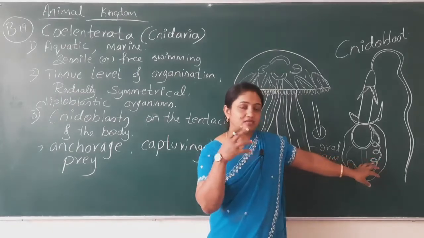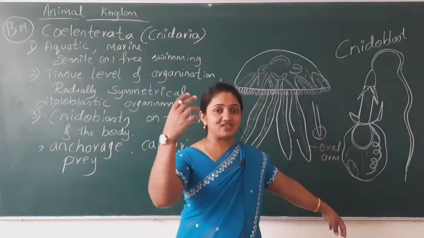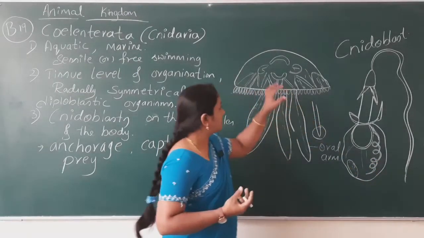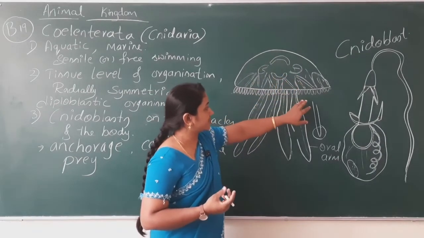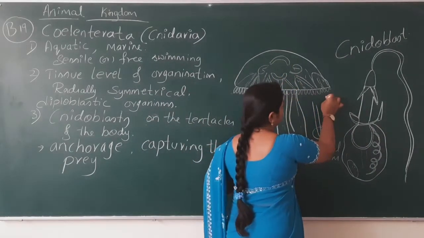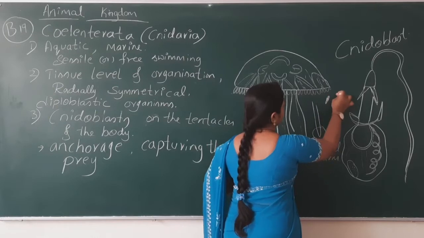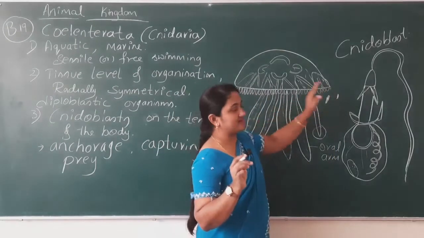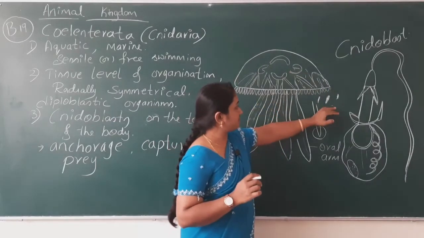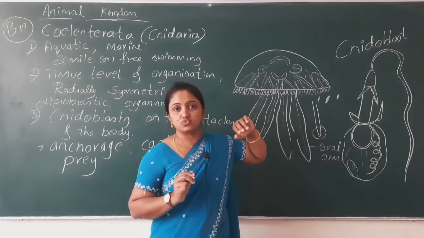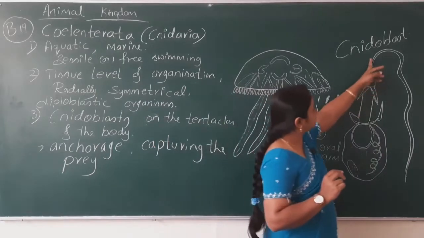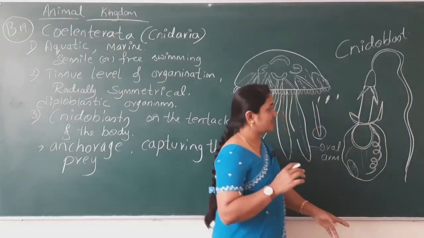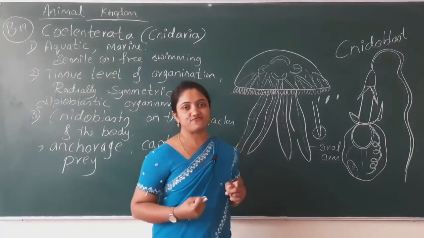Whenever the prey comes over to the aurelia, just consider the food is present next to the tentacle or next to the animal, with the help of this whip-like structure, it used to capture the food.